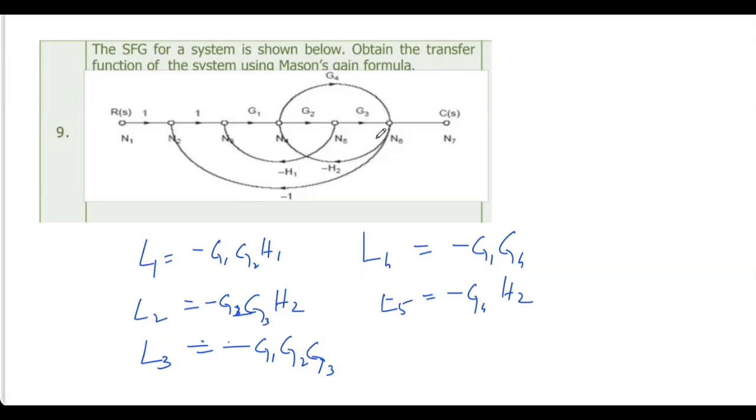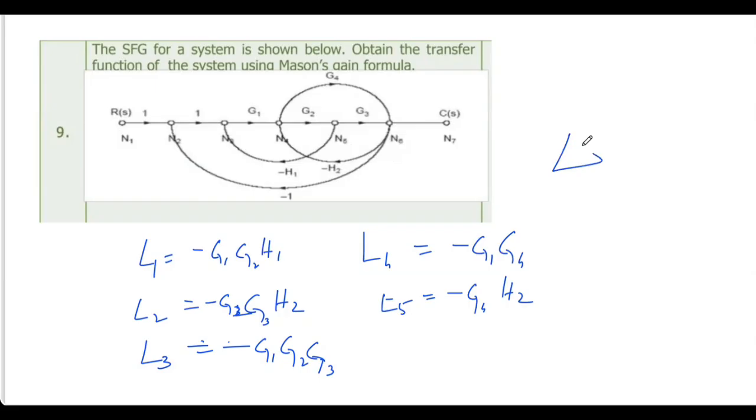If you take L3, G1, G2, G3, that is also touching every other loop. G1, G4 is also touching every loop. G4, H2 as well. So every loop is touching every other loop.